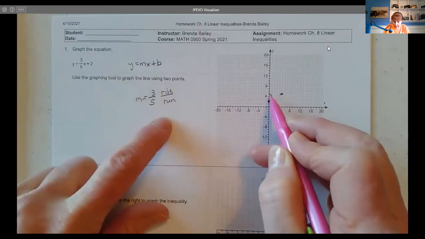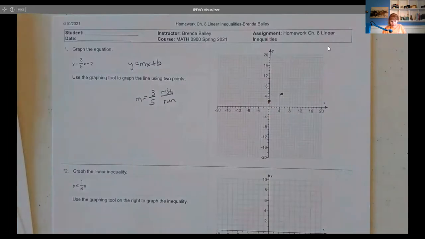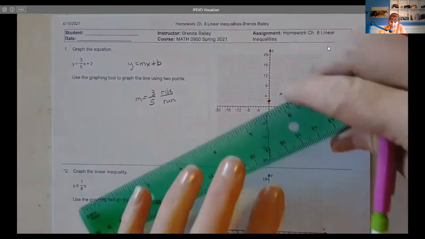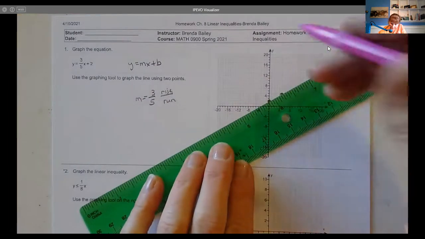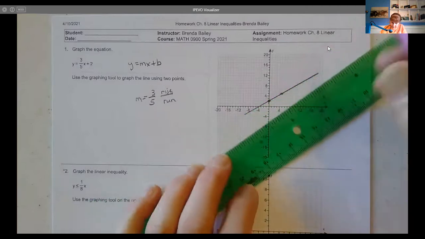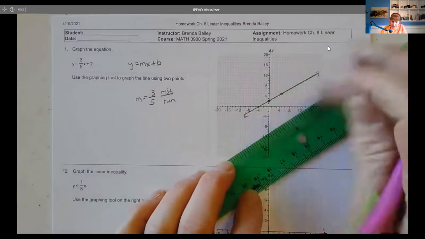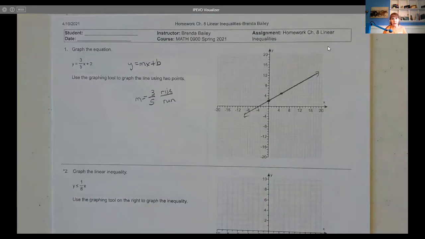We went up 3 and to the right 5, and we'll connect it up, and there's your graph. So we did not use the x and y intercept or plot points by making the x a 5 or a 10. All right, so that one's done.